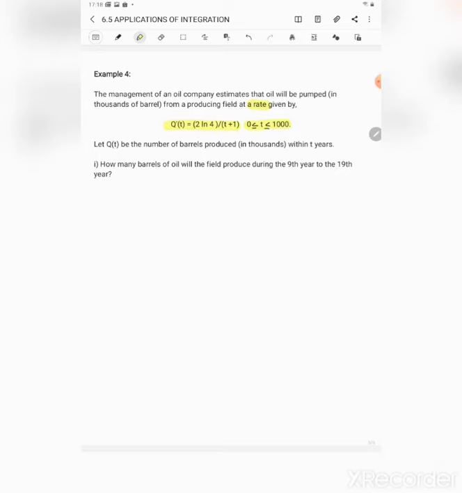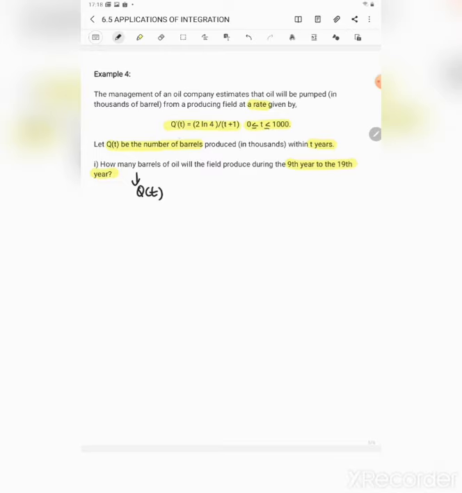Let Q(t) be the number of barrels produced in thousands within t years. Question 1: how many barrels of oil will the field produce from the 9th year to the 19th year? The question asks you how many barrels, so this refers to the number of barrels, Q(t).